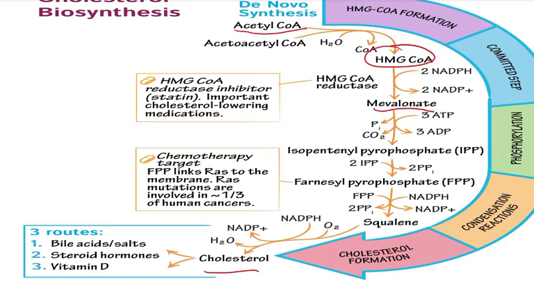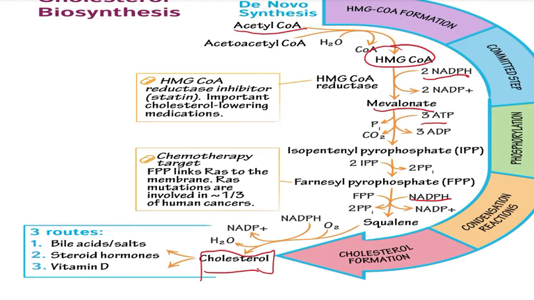These enzymatic reactions require several additional molecules, most notably NADPH and ATP. So NADPH, which is produced from the HMP shunt, is very important in the biosynthetic pathway of cholesterol.